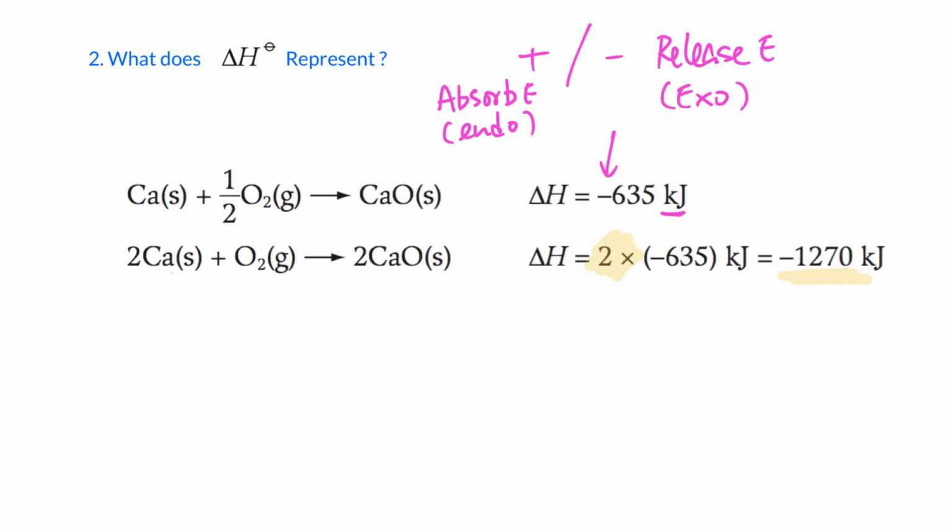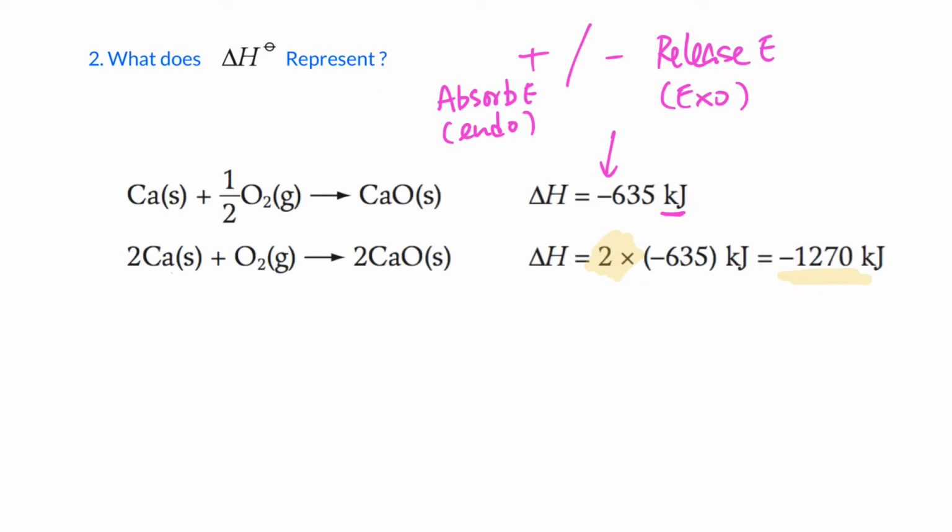So this delta H means how the energy changes, how the enthalpy changes in the process. If we go for this once, it will release negative 635. If we go for this 2, then you multiply this by 2.